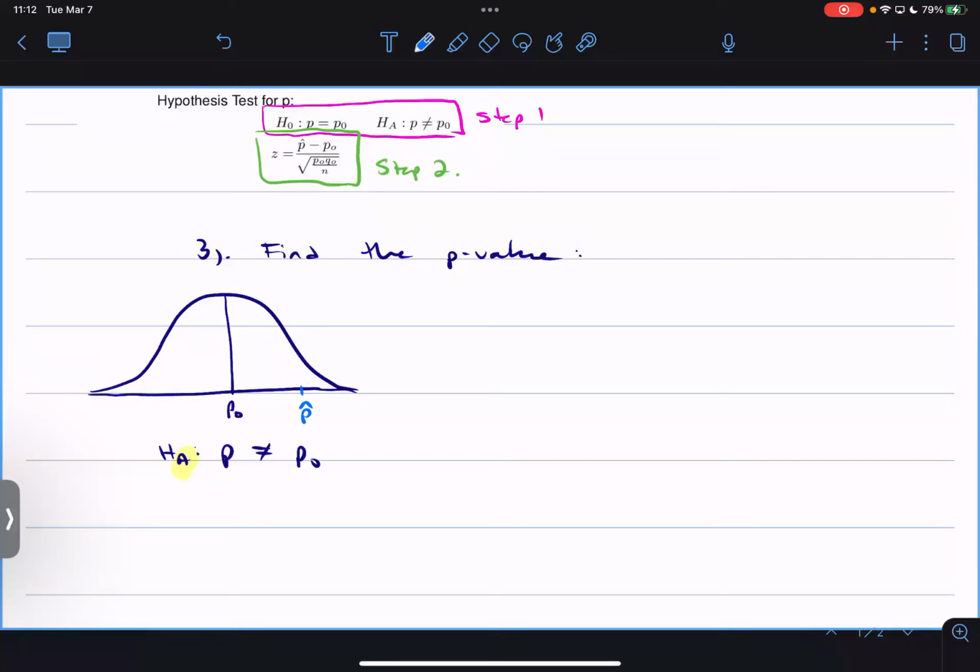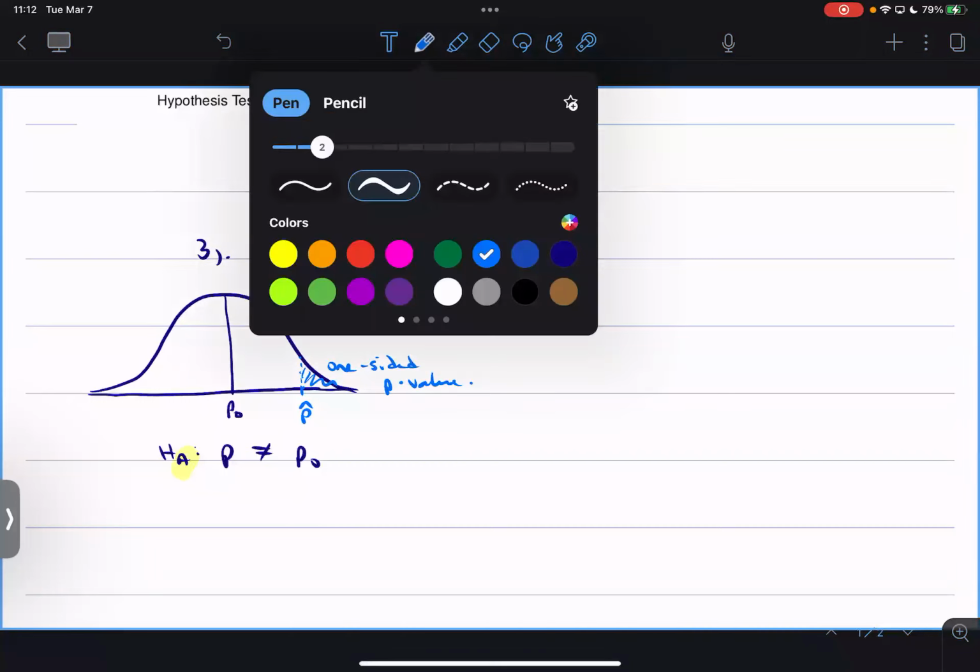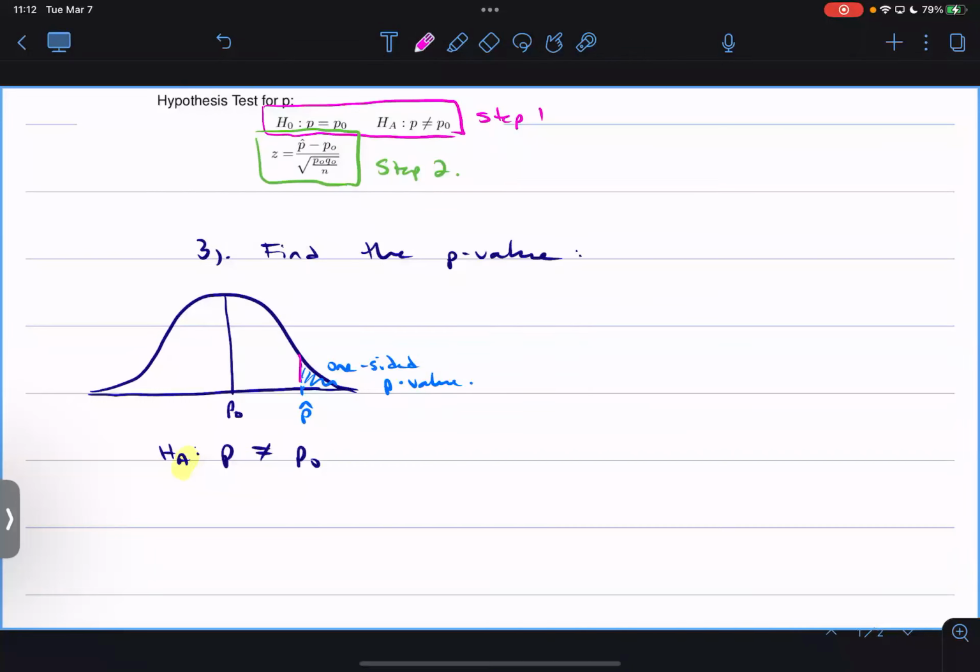And so this area here is the one-sided p-value. But what we need is actually the two-sided p-value, which is this area. And we kind of force it to happen down here.